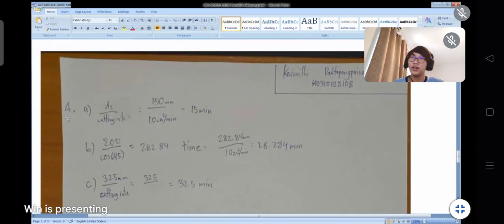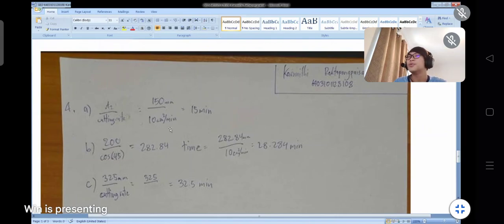So for 4, it gave us a diagram and it asked us what is each step, what is the time it took to cut it. And it already gave us the cutting rate at 10 centimeters square a minute.